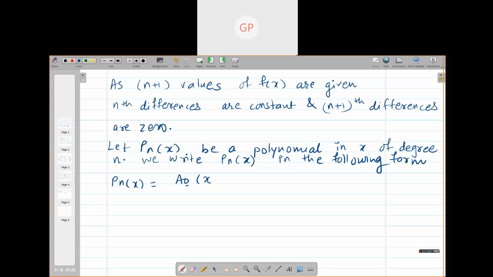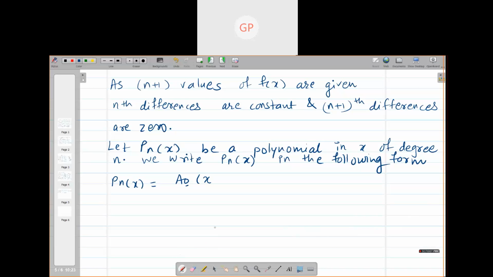When you multiply x n times, x into x, when you multiply n times, what will you get? X raised to n. Getting it? So here also, I am trying to write every term as an n degree term.